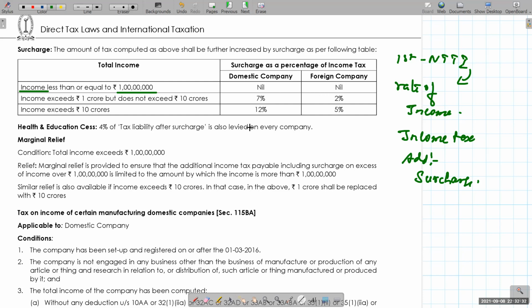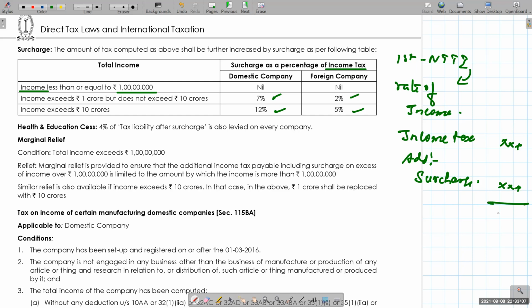If it exceeds 1 crore but is below 10 crores, it is 7% for domestic companies, on the income tax. On that income tax you apply this percentage, 7% for a domestic company and 2% for a foreign company. If the company's income exceeds 10 crores, the rate of surcharge is 12% and 5%. Understood?